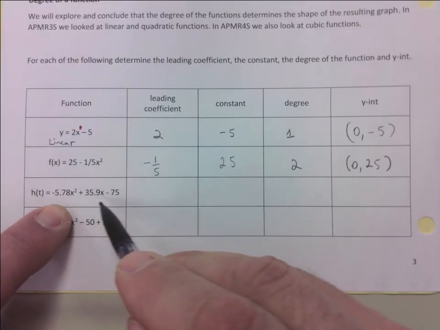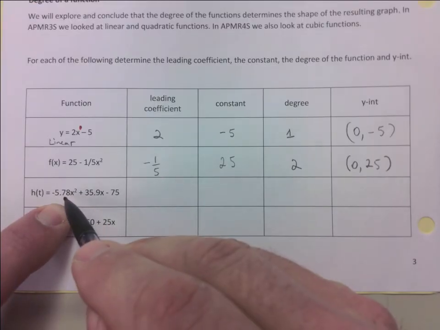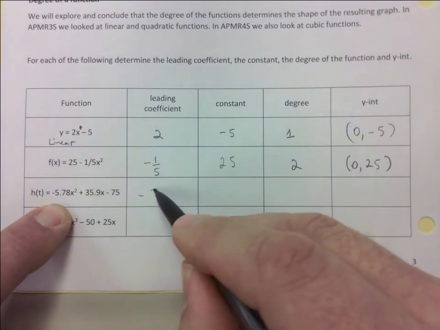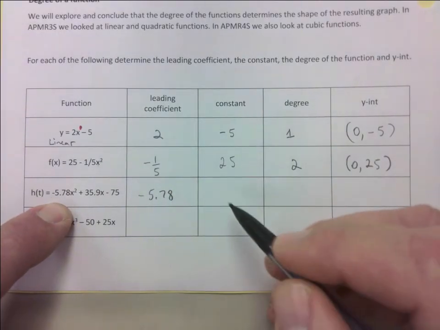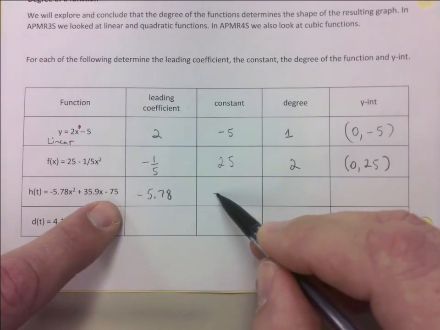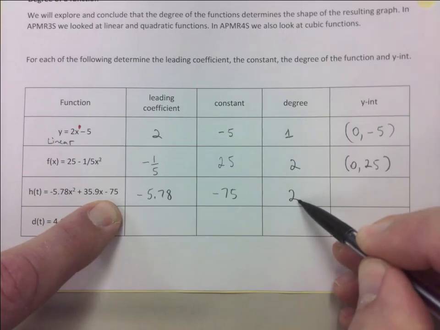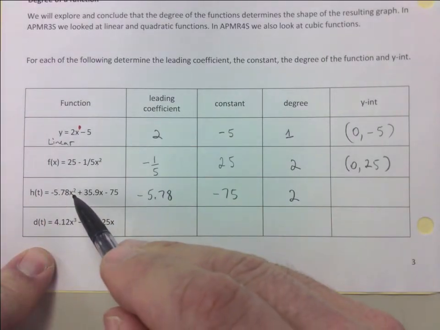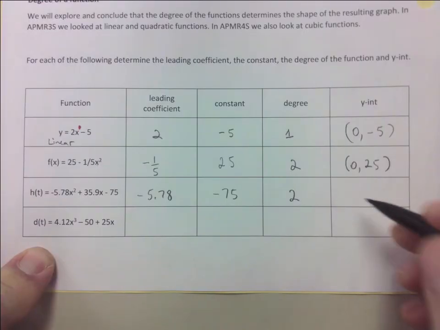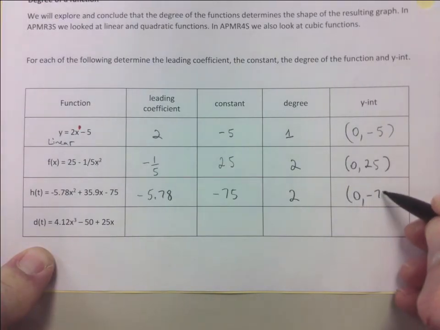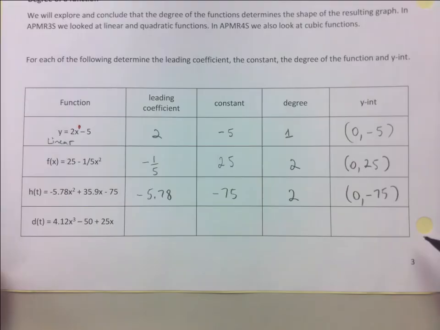Next, you have this long function here. The leading coefficient is negative 5.78. The constant is negative 75. The degree is 2, because the highest power of x is squared. And then at 0, negative 75 is your y-intercept.